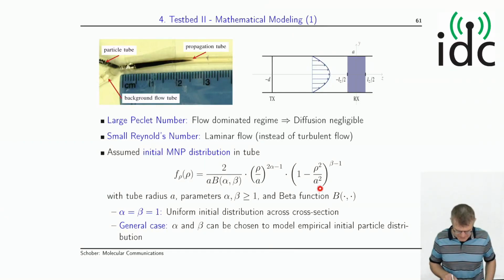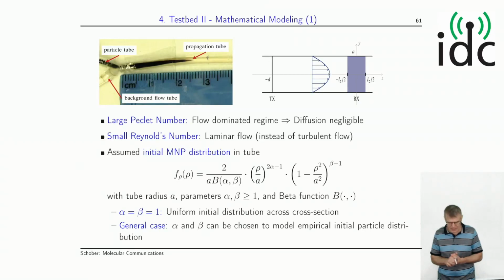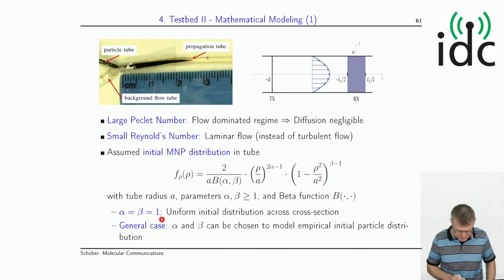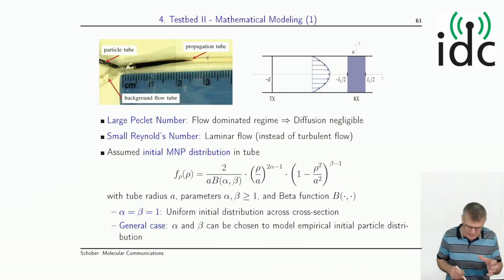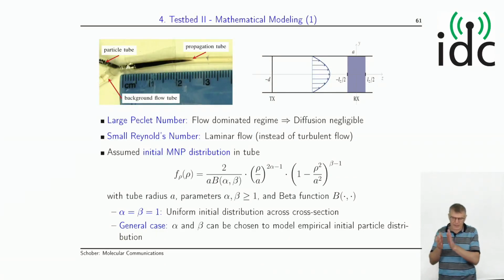And this is given here, this expression. The details are not so important, but this distribution has two parameters, alpha and beta.